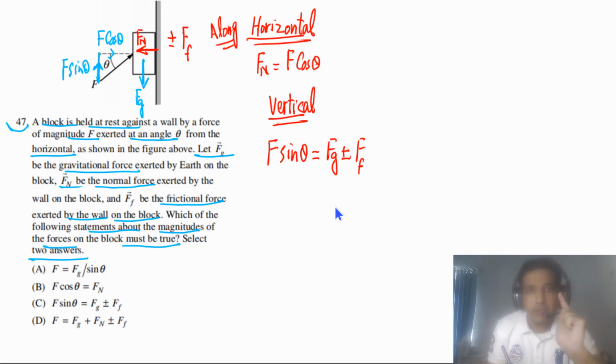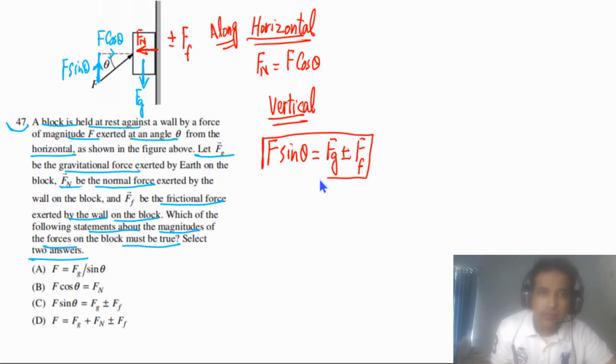If block has tendency to go up, friction will be down. If block has tendency to go down, friction will be up. So it depends on which way block has tendency to move. So this is how forces are balanced along vertical, and this is how forces are balanced along horizontal.